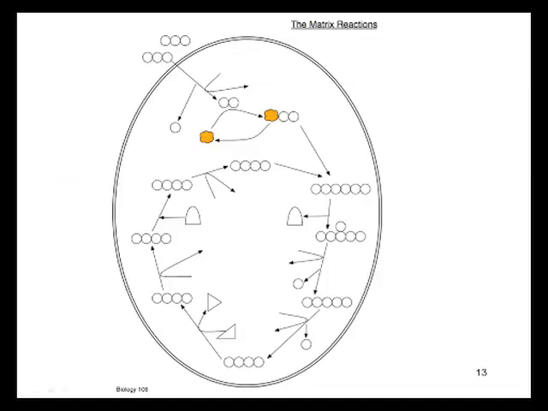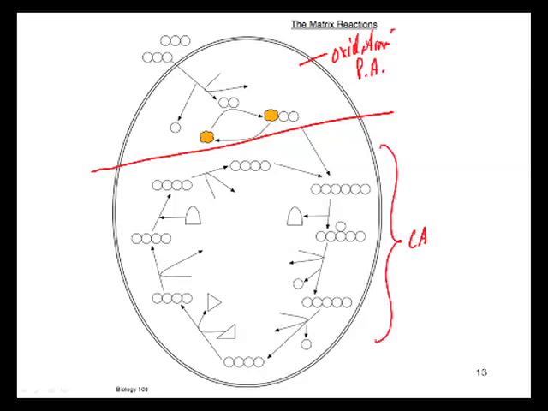So this top part here pretty much is the oxidation of pyruvic acid part. This down here is the citric acid cycle. And it's a cycle because the starting point is also the ending point.